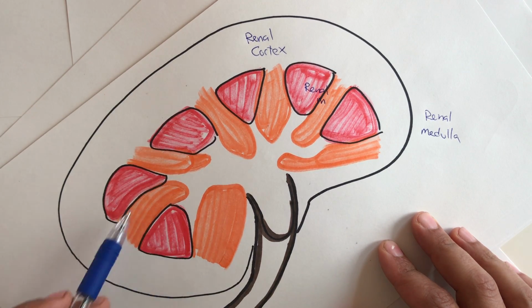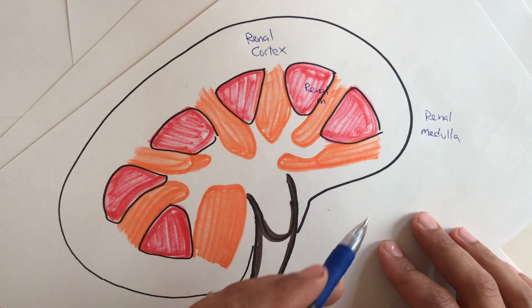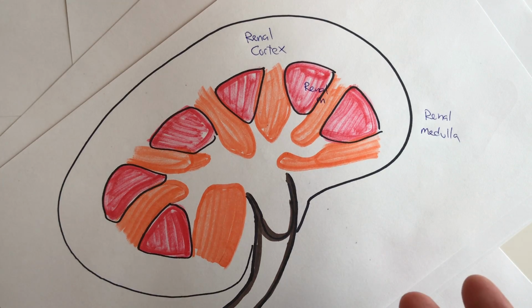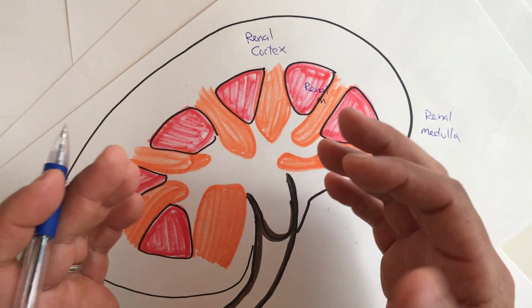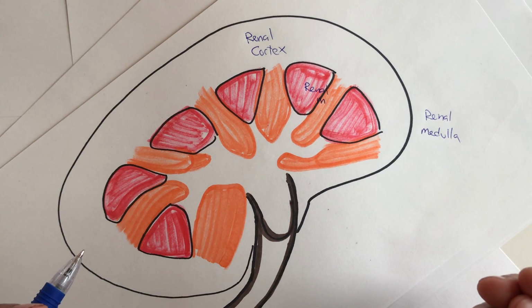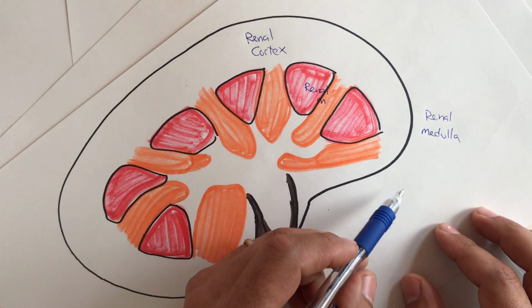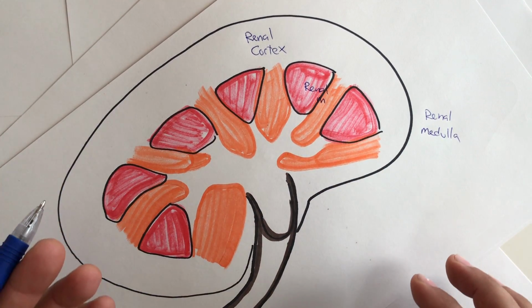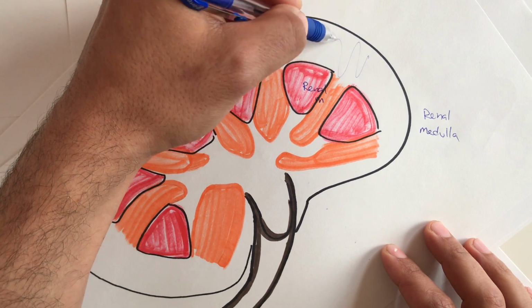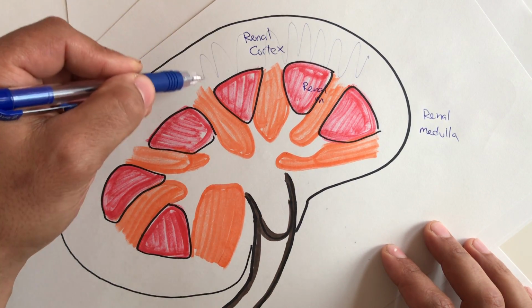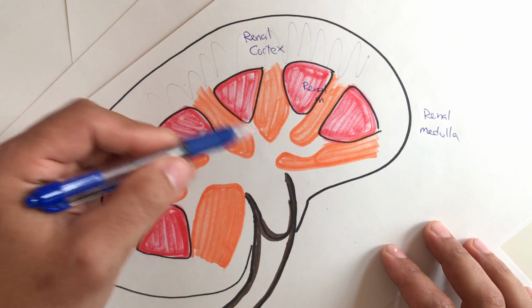Those two terms, the cortex and the medulla, are general anatomical terms that can be used for lots of organs: the outer shell and the inner area. Since we're talking about the urinary system, we call it the renal cortex, which is this area here, and then the medulla.